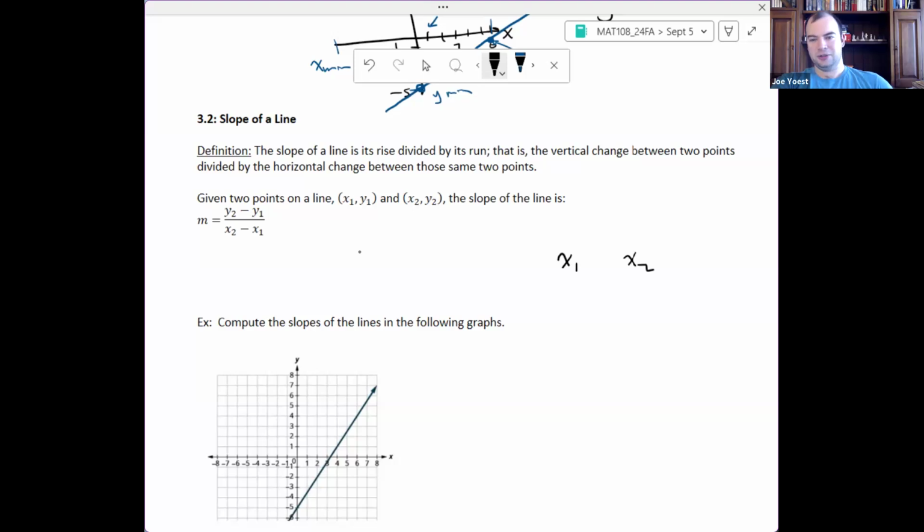I could instead call this W and this V, but then I might forget whether this corresponds to X coordinates or Y coordinates. If I call it X1 and X2, it's easier to remember these are X coordinates. In particular, this is the X coordinate that goes with whatever point I've decided to call point 1.